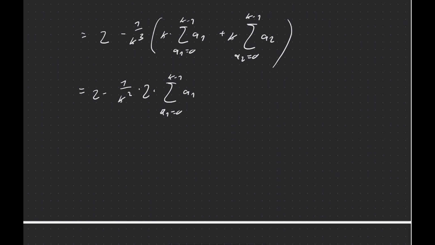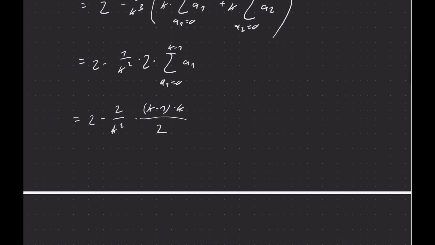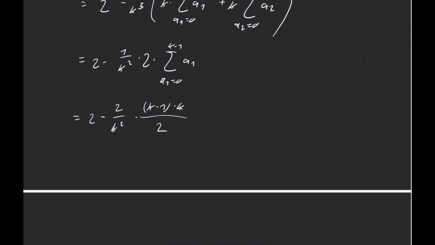And finally, we can use a formula for this sum here that should be familiar. So what we get here is, well, that sum is simply the upper bound of that sum, so k minus 1, times the upper bound plus 1, over 2. So what we get is k minus 1 times k over 2. And now, of course, the k cancels out once again.